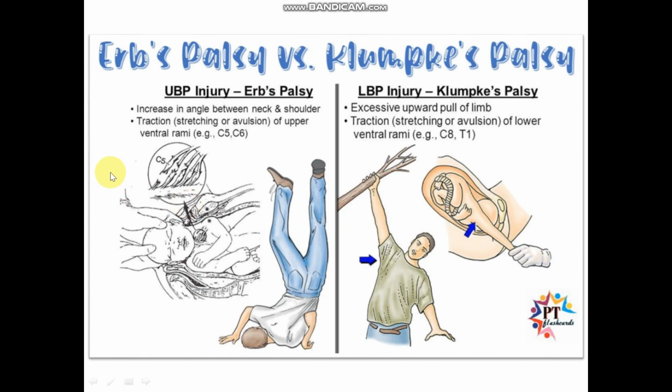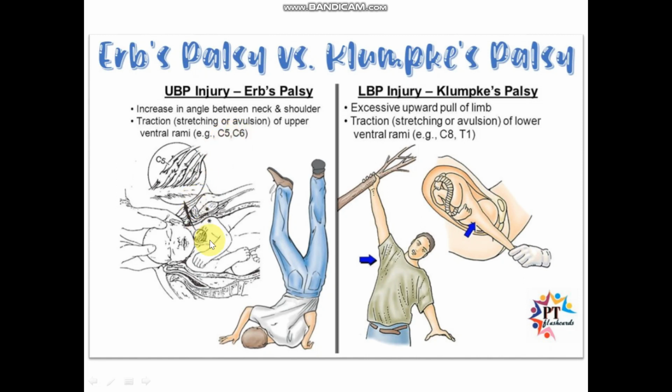Here's a nice illustration of Erb's and Klumpke's palsies. As we can see here, in Erb's palsy, there's an increase in the angle between the neck and shoulder, resulting in traction or stretching or avulsion of the upper ventral rami, which are C5 and C6.